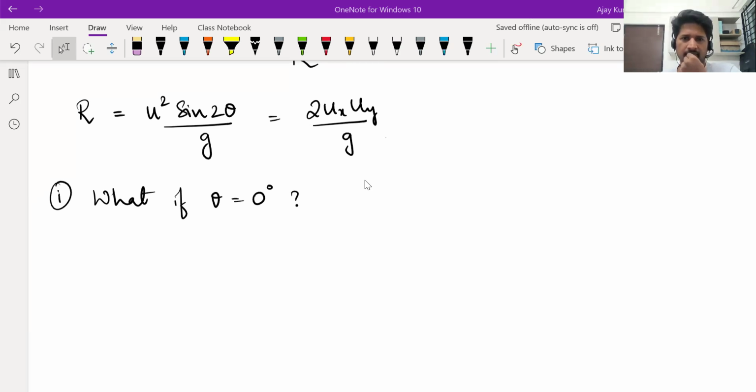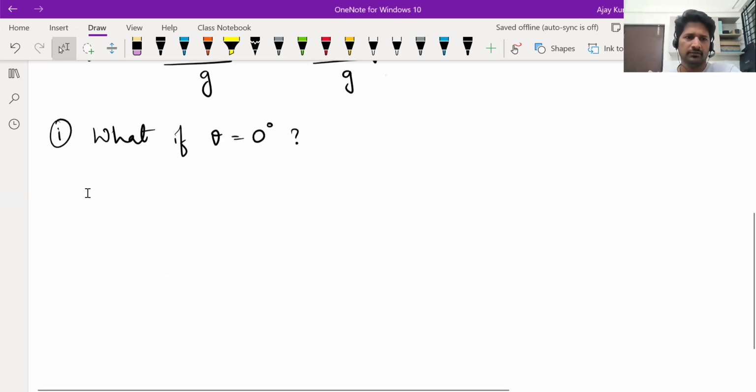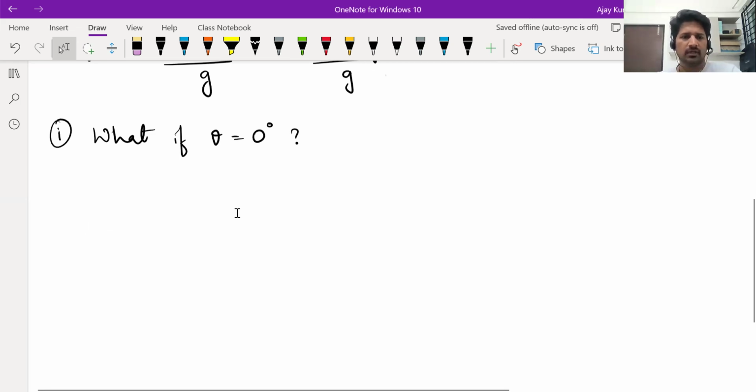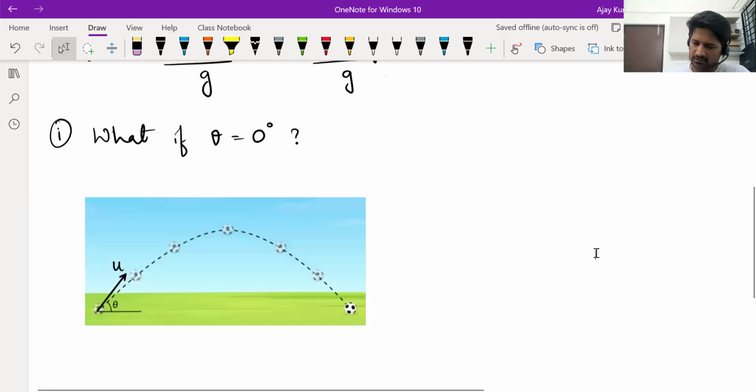Sir, 0. Okay, how do you justify that? Sir, sin theta is 0. Sine 0 is 0. Okay, so irrespective of the speed of projection, it doesn't matter with what speed you throw it. If you throw it at 0 degrees, what is going to happen is this, like, this is thrown at non-zero angle, that's fine.